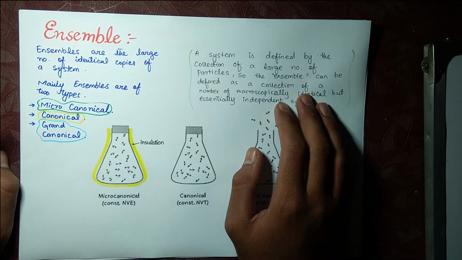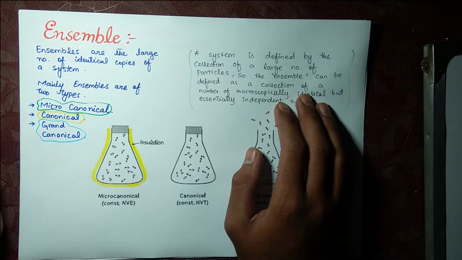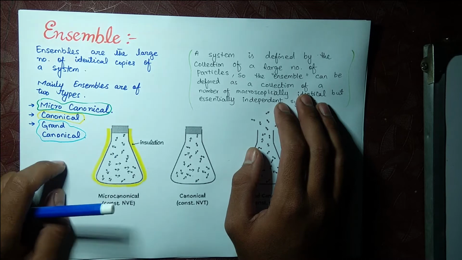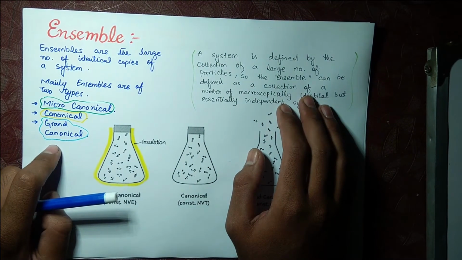We can find everything from that partition function, and we can even calculate the molar specific heat. So it is necessary to understand what an ensemble is. So let's see.